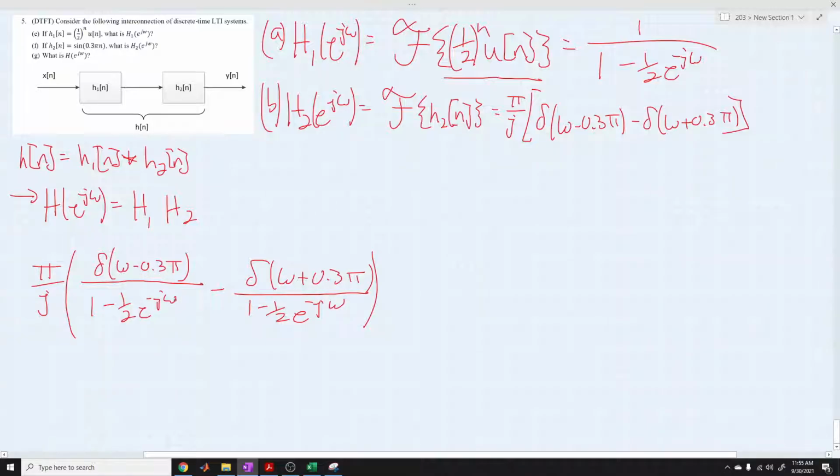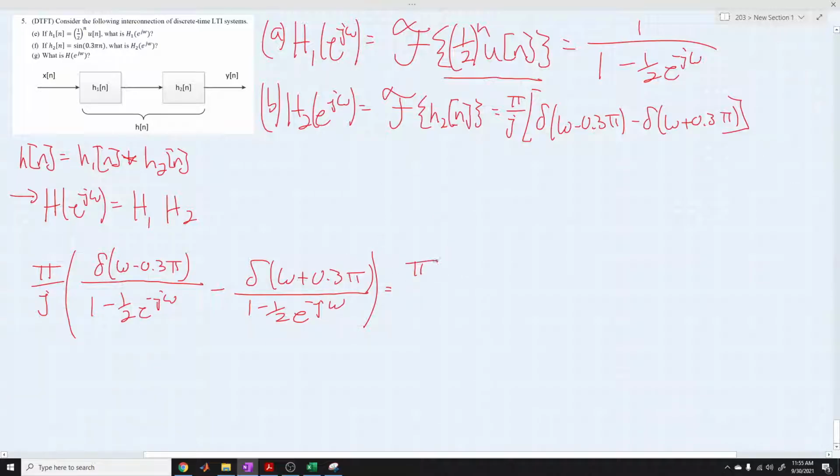So if this is only 1 at 0.3 pi, then we can change out this j omega here for 0.3 pi.